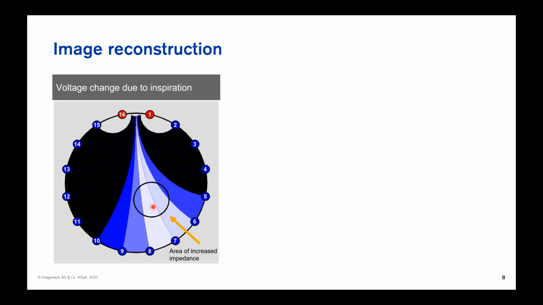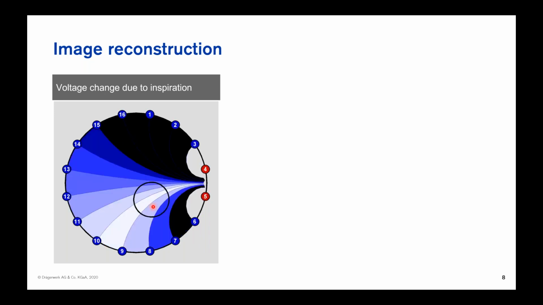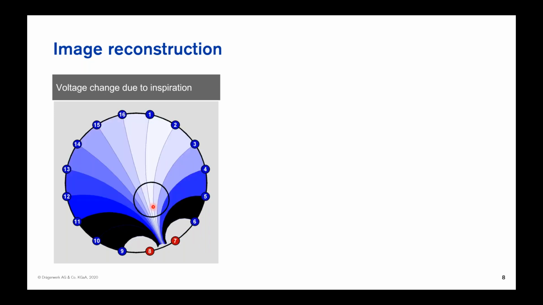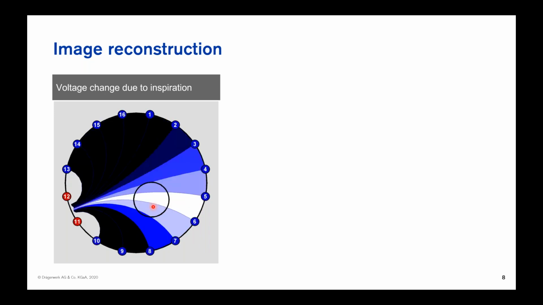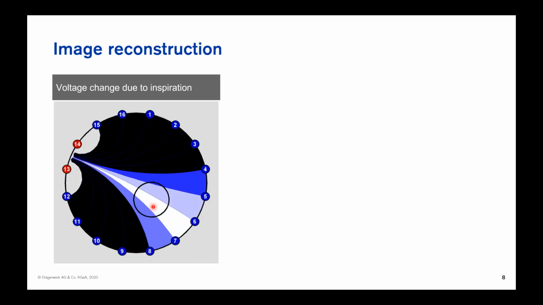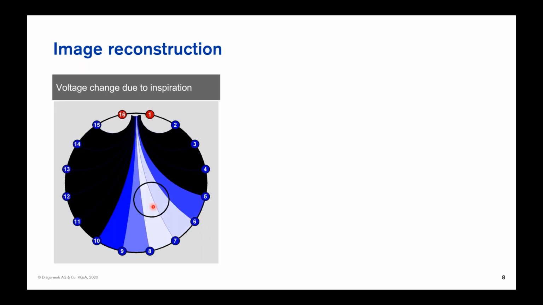Depending on the location where we inject the current, you will see that other electrode pairs will detect the increased voltage measurements. So that provides us the spatial information in the cross section inside the body.